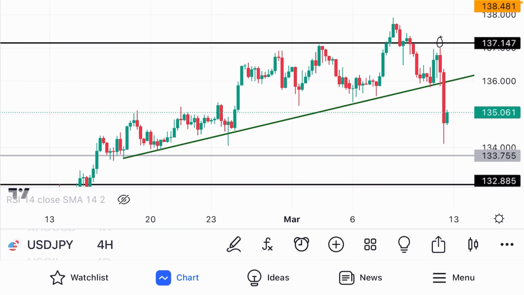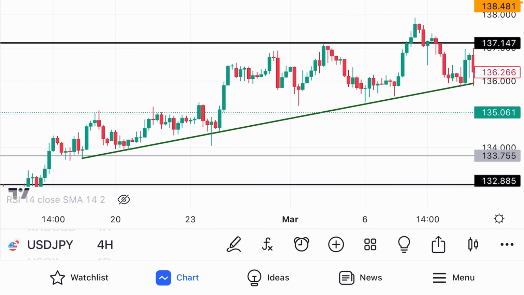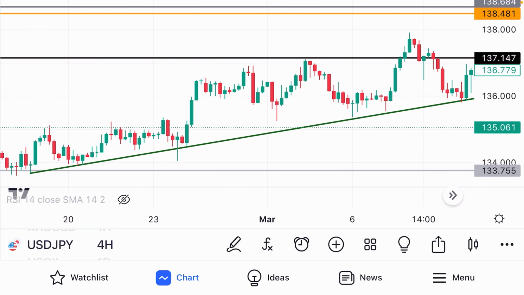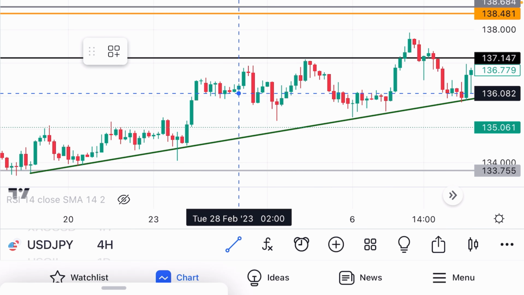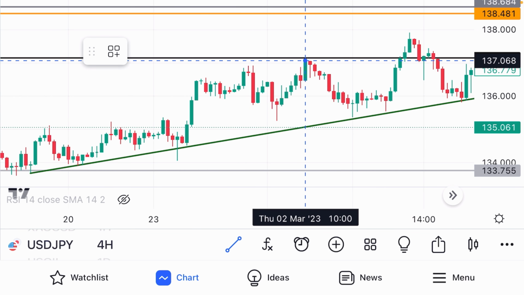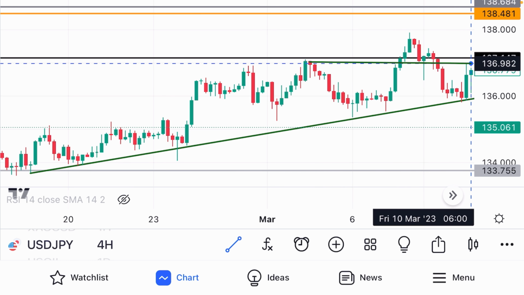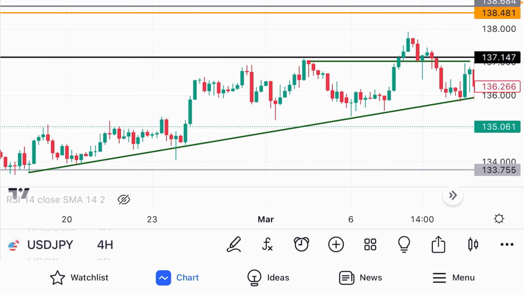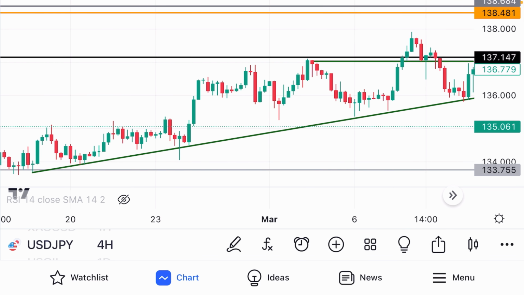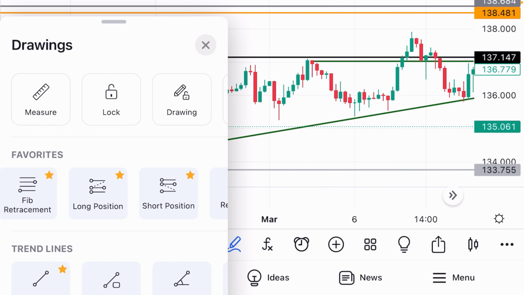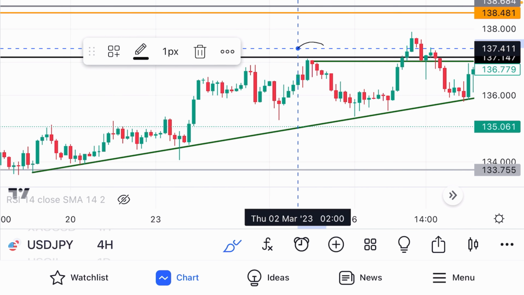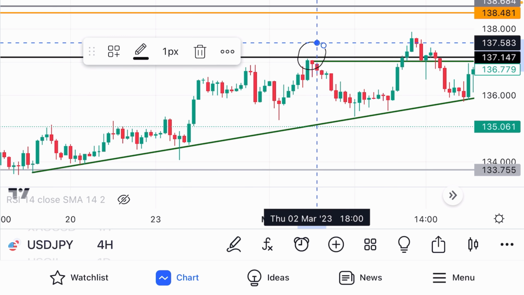Looking at this price action of USDJPY, I realized something: you guys can see that a head and shoulders was being formed. For those of you guys that don't know what a head and shoulders is, a head and shoulders is a reversal pattern.